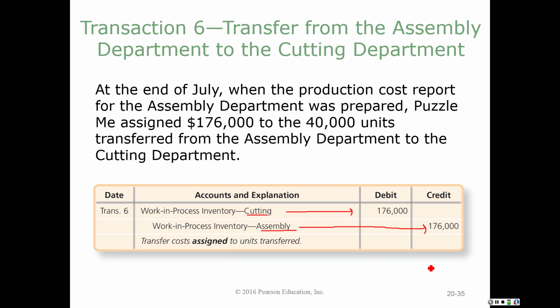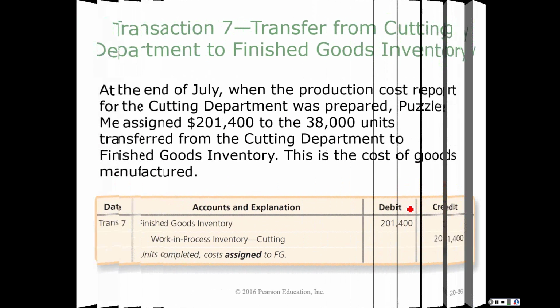When the products were completed in the assembly department, we take that $176,000 out of assembly and we move it into cutting. Surely my arrows should be coming this way. We spent $176,000 in assembly. When we completed assembling the puzzles, we move those costs over to the cutting department where we will cut the puzzles and put them in their boxes.